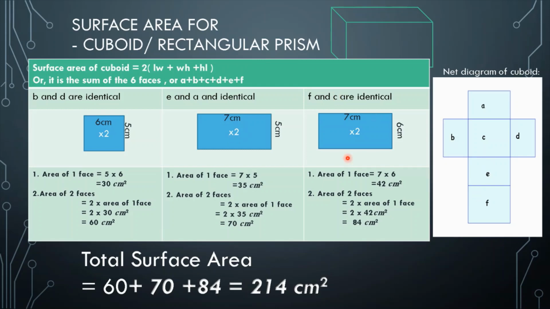F and C have 2 of them and have a measurement of 7 cross 6 centimeters. So here I calculated the area, and then I calculated the area of 2 identical faces by multiplying the area of one face. Then I added all the areas to get 216 centimeters squared.